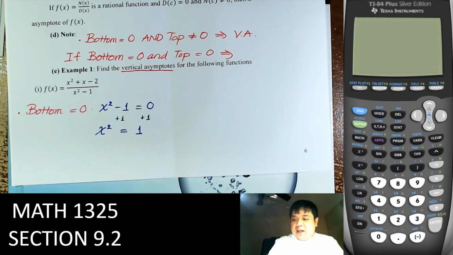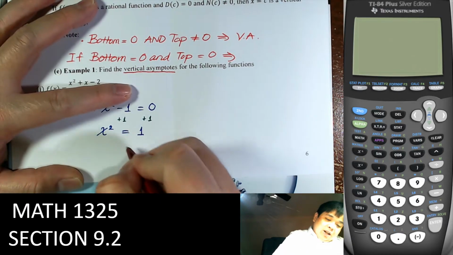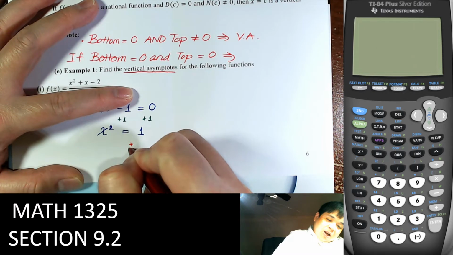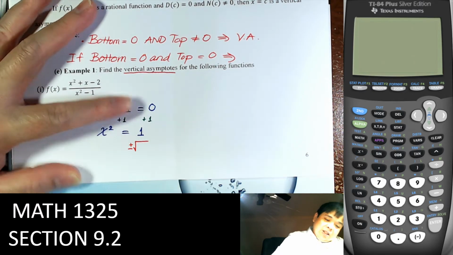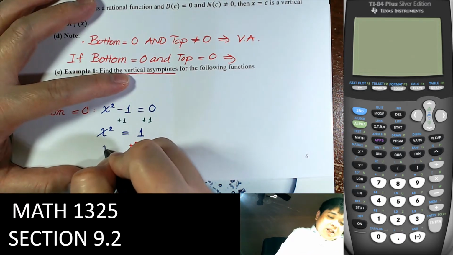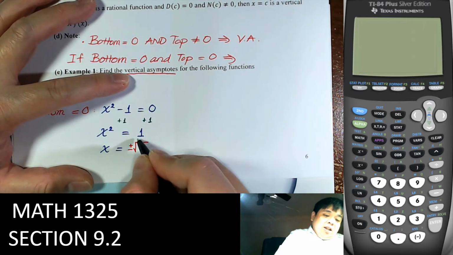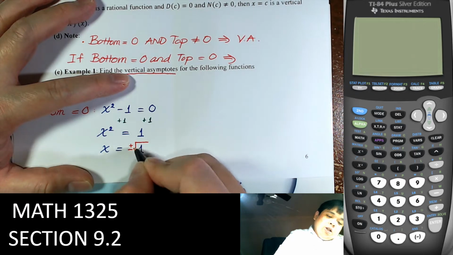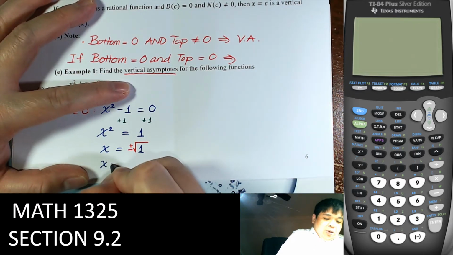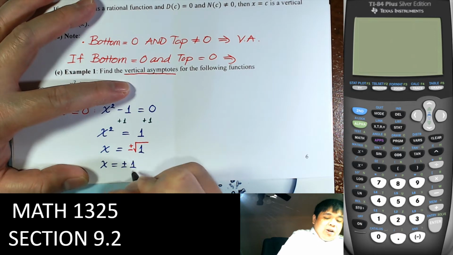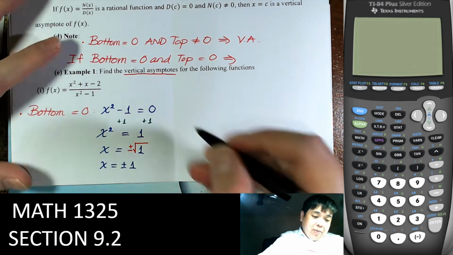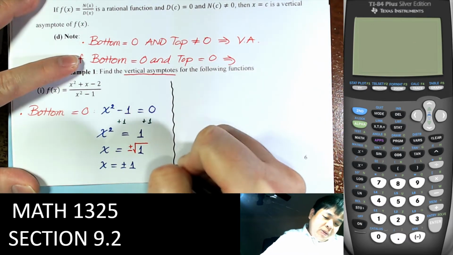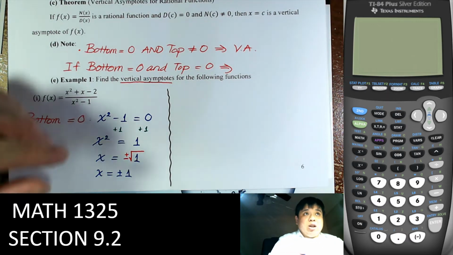You will see this many times, so make sure that when we have the square equal to something, to get rid of the square, we use a plus or minus. So x equals plus or minus the square root of 1, don't forget that. The square root of 1 is 1, so x equals plus or minus 1. So we found the values of x that make the denominator equal to 0. Now we substitute into the top and make sure it is not equal to 0.